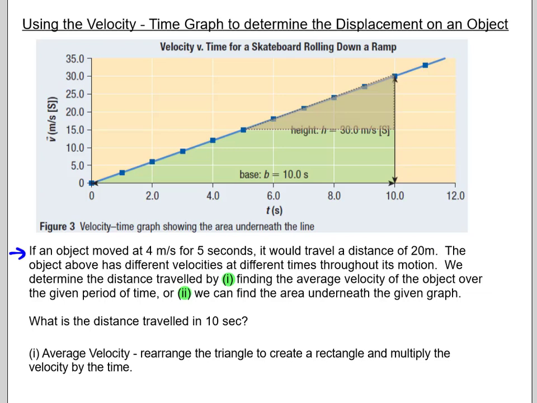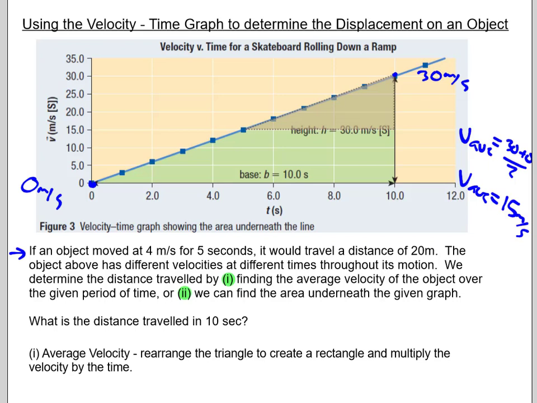We determine the distance traveled, and there's two ways to do this, by finding the average velocity. This object started with 0 meters per second and finished at 30 meters per second. So the average velocity, 30 plus 0 all over 2, should be 15 meters per second. That's one way we can track this problem.